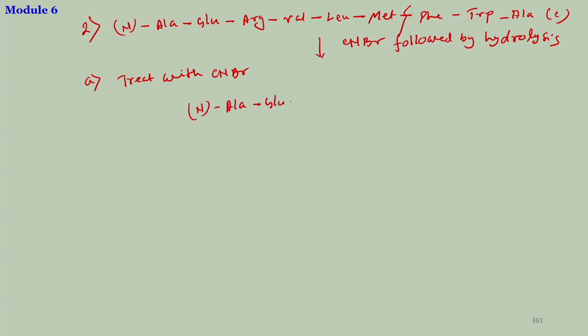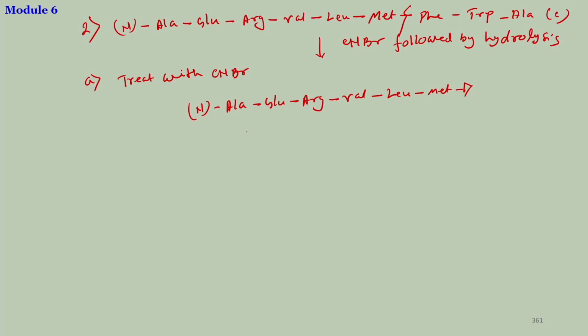alanine, glutamic acid, arginine, valine, leucine, methionine. Of course, no free carboxylic acid. It will finish here with the cyclization. So, I am writing this as cyclic. You do not have to write anything actually.